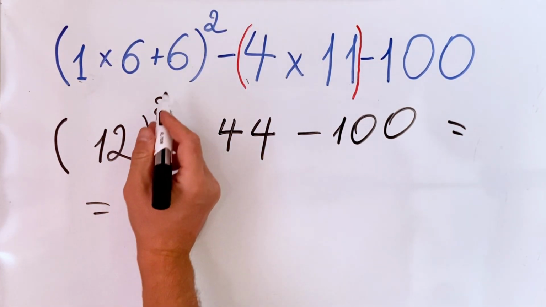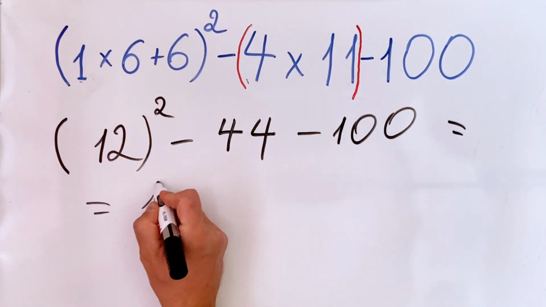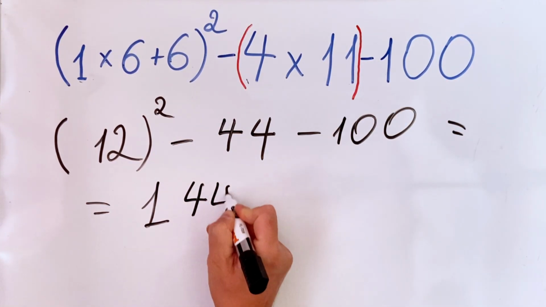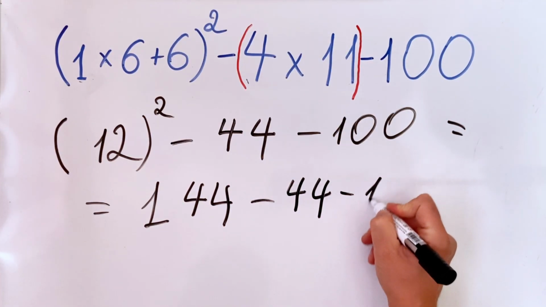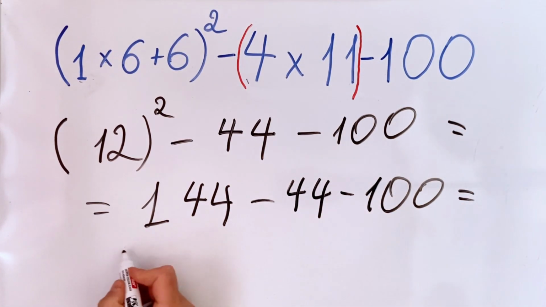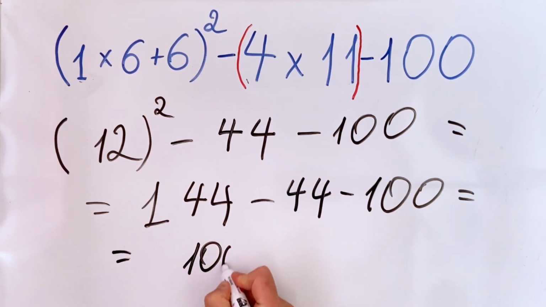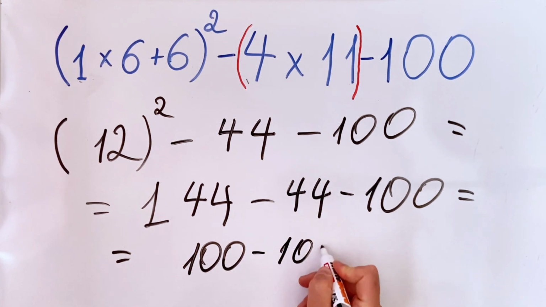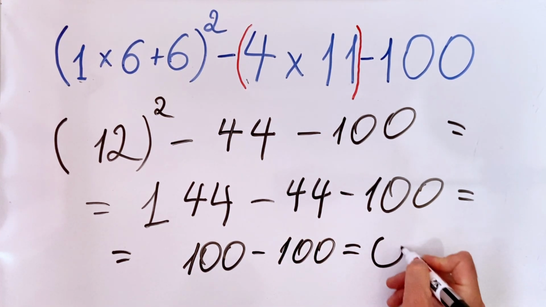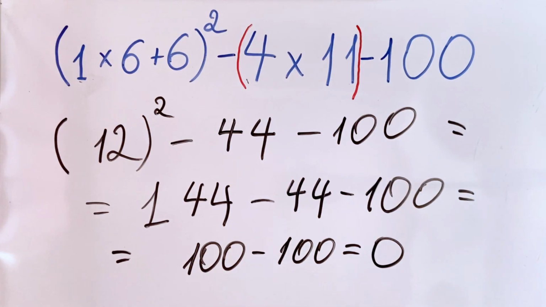So 12 squared is 144, minus 44, and minus 100. We get 0, because 144 minus 44 minus 100 is 0, and the correct result is 0.